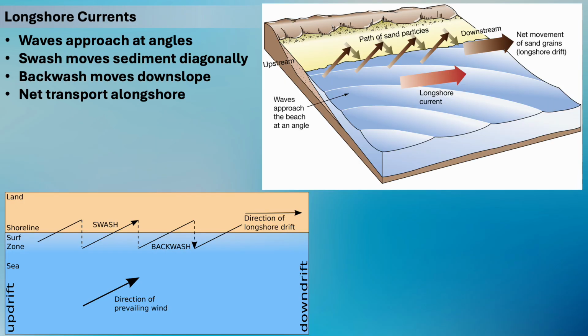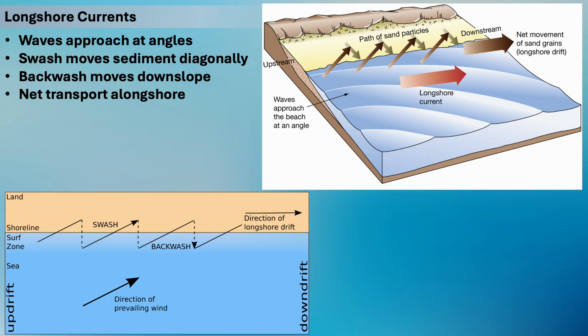When waves approach the shoreline at an angle rather than straight on, the physics of sediment movement changes. The breaking wave pushes water up the beach face. This uprush is called swash. Because the wave approached at an angle, the swash also moves diagonally up the beach.